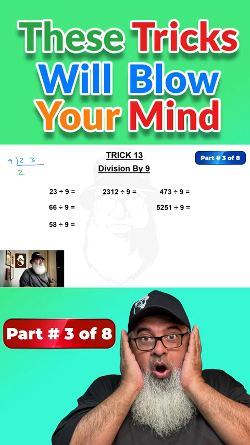So 2 plus 3 is 5. When you add the last digit, that's the remainder, 5. Or you can write 2.5555 recurring. That's also the answer, but approximate. 2 remainder 5 is the answer. That's exact. 2 remainder 5.